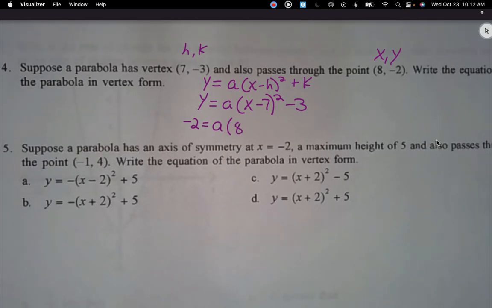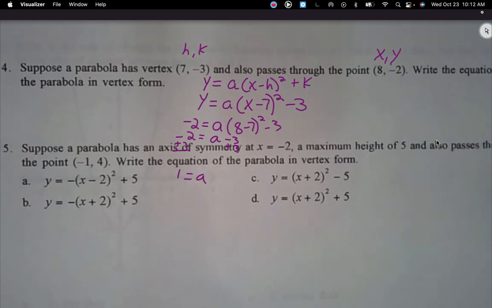That's 8 minus 7. I hope that goes to 1 for y'all as well. It does. Okay, because it has every time for us so far. -2 equals, that goes to 1a minus 3. How do I solve my a? Yours should go away to 1a as well. Plus 3. Add 3 on mine. So I get a is 1.